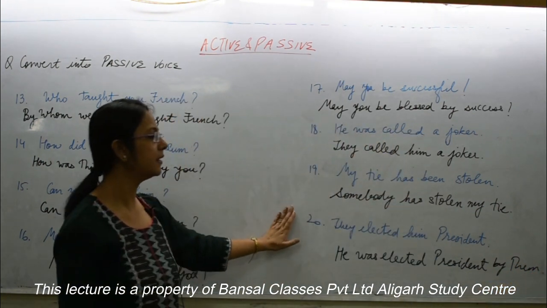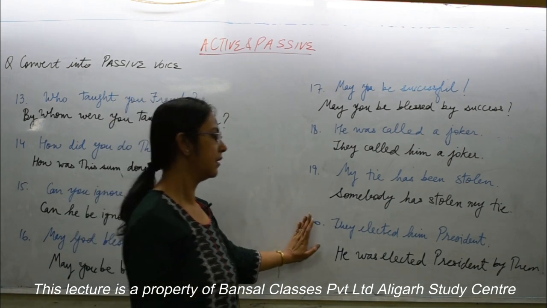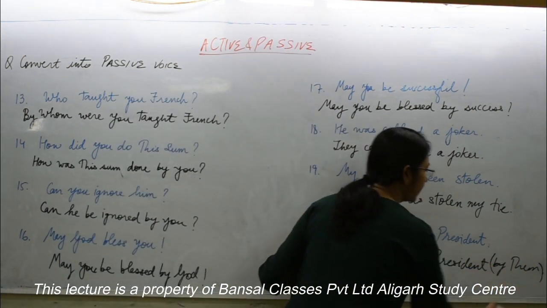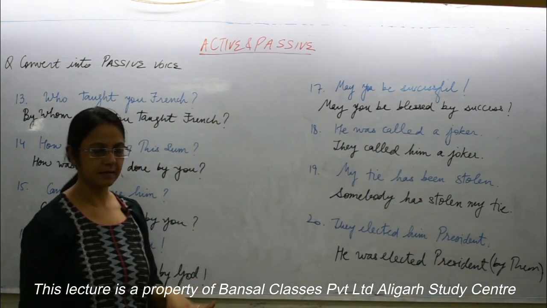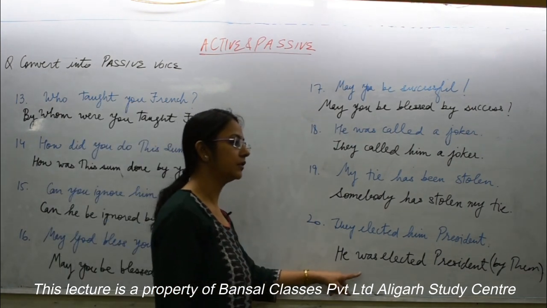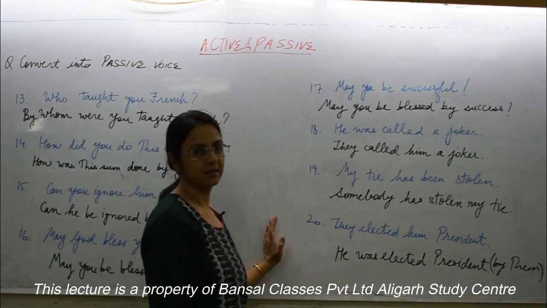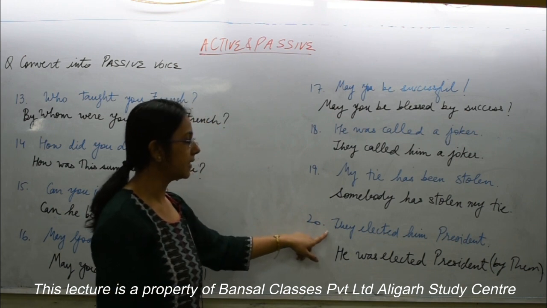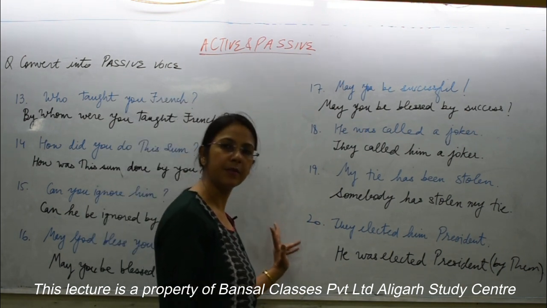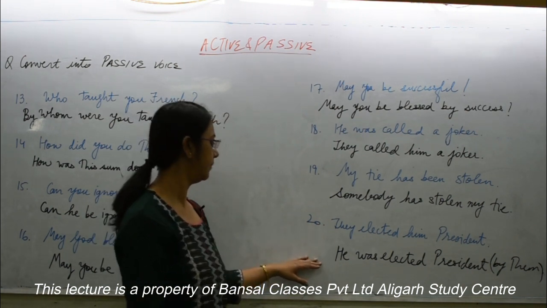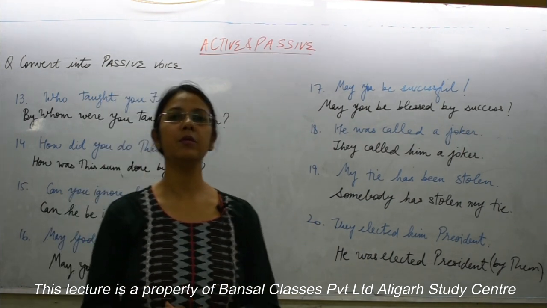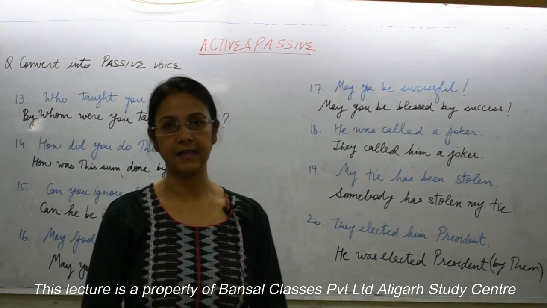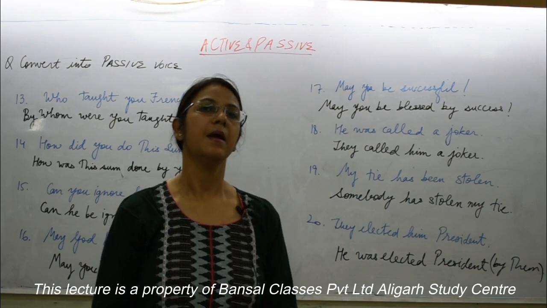This by them, even if you don't write, it's correct. So, he was elected president. They elected him president, he was elected president. Simple. Okay? Now, we'll be doing some typical sentences about active and passive.